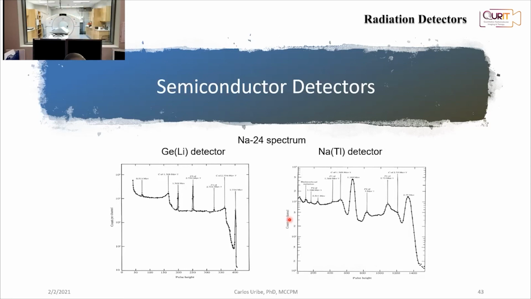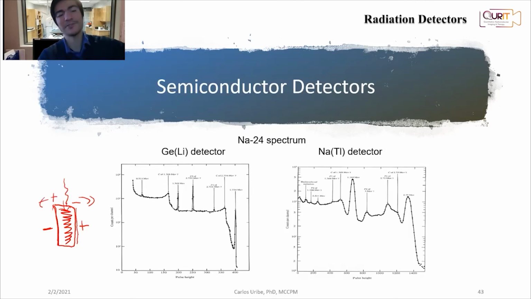You might wonder what these detectors look like. You would have your solid state material here, and then an electrode that you connect to the positive side, and one that you connect to the negative side. When ionizing radiation comes into these crystals, it creates negative charges moving to the right and positive charges moving to the left.